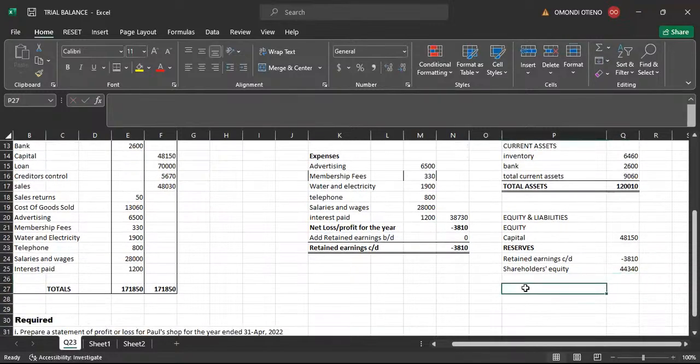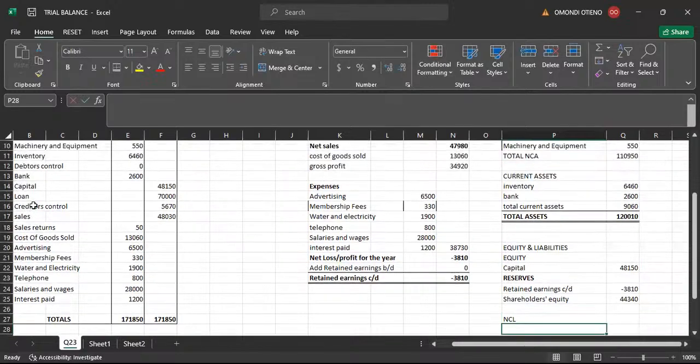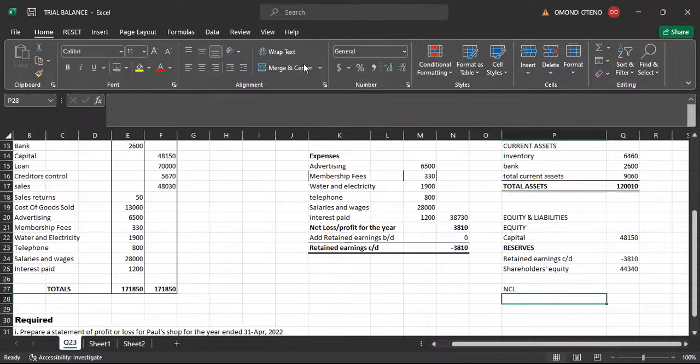Then we come to liabilities. The liabilities, now you're going to have non-current liability. Non-current liability, I want somebody to tell us the non-current liability that we have here.